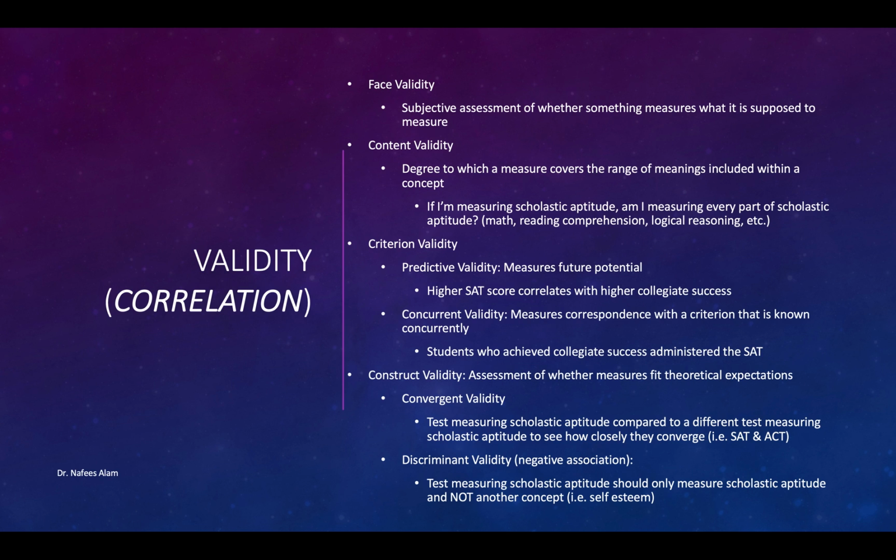You might not always, but most of the time you'll be very confident in your abilities because you've already shown to be gifted, let's say, scholastically. But are we really measuring scholastic aptitude, or are we measuring self-esteem? With discriminant validity, we want negative association in that we are specifically measuring scholastic aptitude, and we're also not measuring another concept like self-esteem.